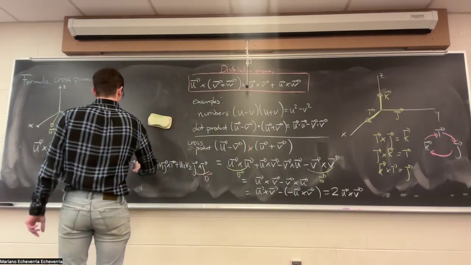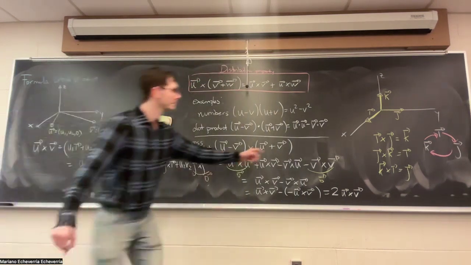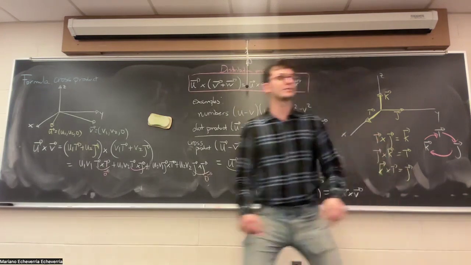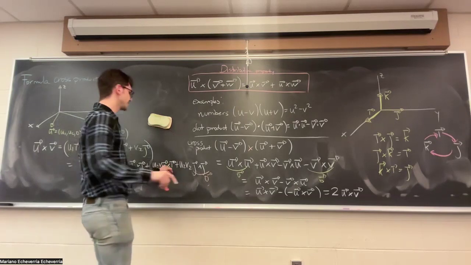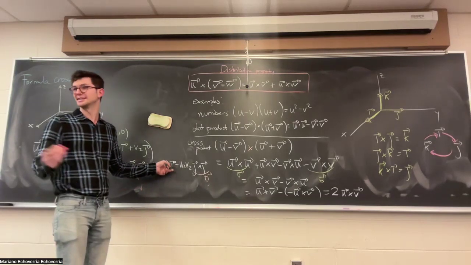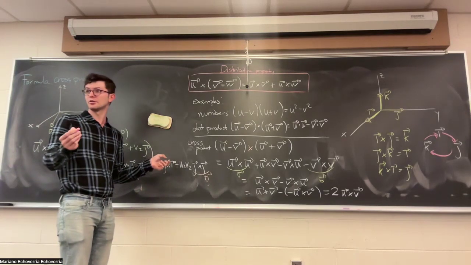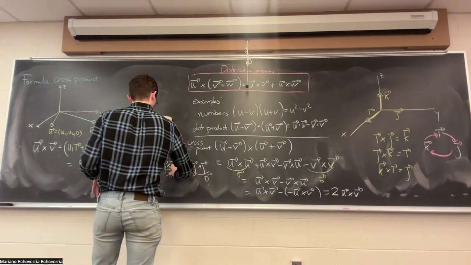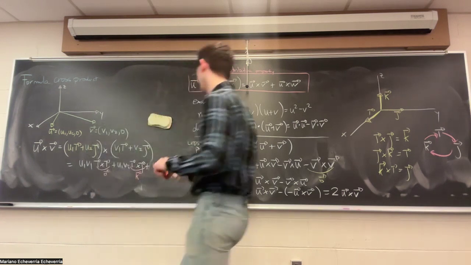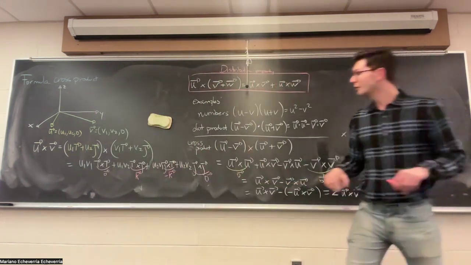What is I cross J? That's just K. And J cross I is minus K, since it's the opposite order, so just negative K.